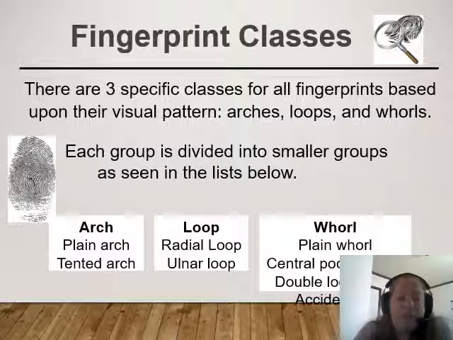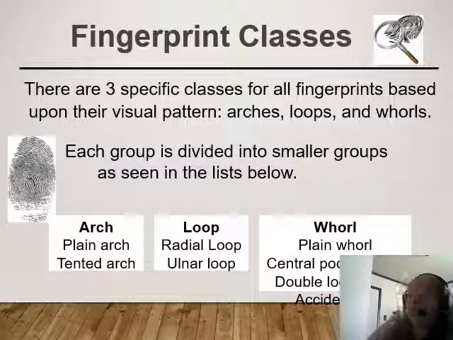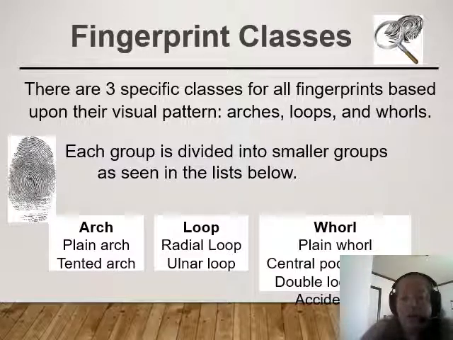Now the arches can be a plain arch or a tented arch. The loop can be a radial loop or an ulnar loop. And the whorl can be one of four things. It can be a plain whorl. It can be a central pocket whorl. It can be a double loop whorl. And it can be an accidental whorl.